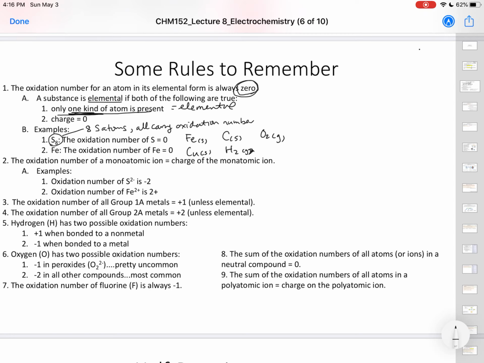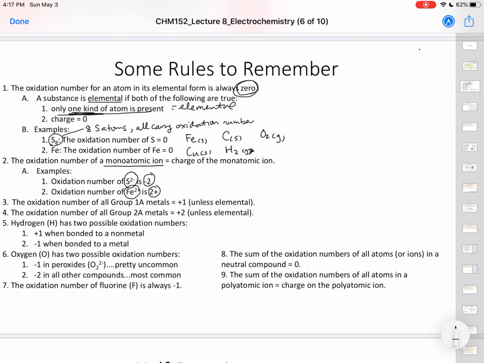All of these, because there's only one kind of atom present, carry an oxidation state of 0. Now, if you have a monoatomic ion, meaning that it is indicated as an ion, then the oxidation state matches the charge. So if it's F2 minus, then the oxidation state is 2 minus. If it's Fe2 plus, then the oxidation state is 2 plus.